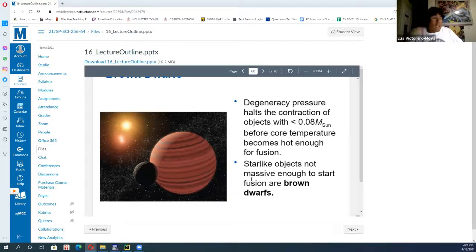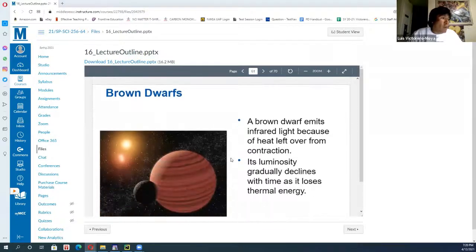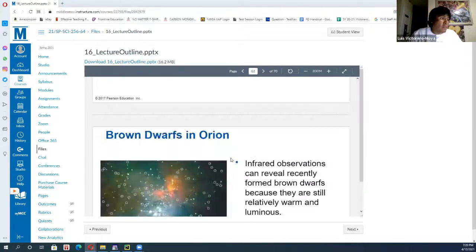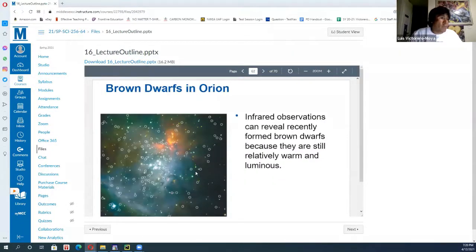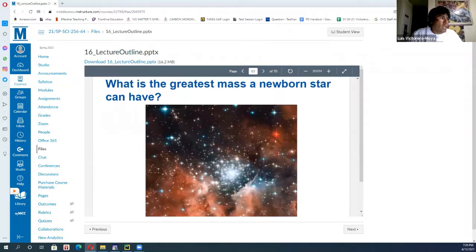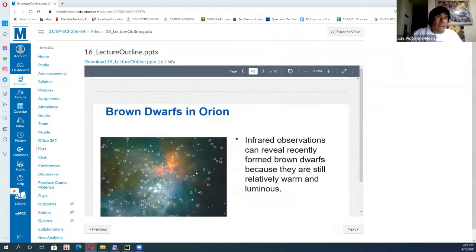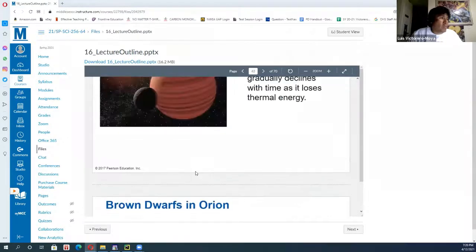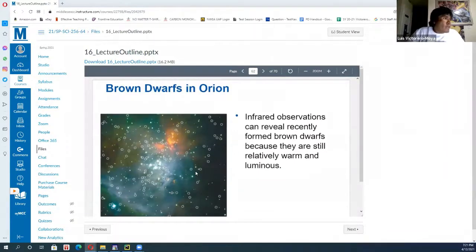It's not something that we invented, by the way. We have found brown dwarfs in the universe, in Orion, for example, and in other interstellar clouds where we have observed star formation. So let's leave it like that.